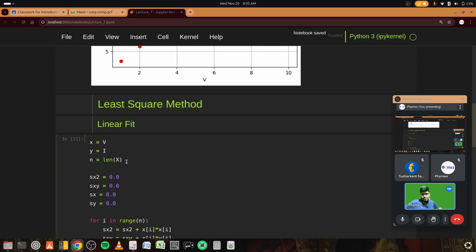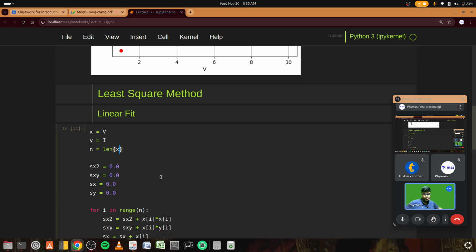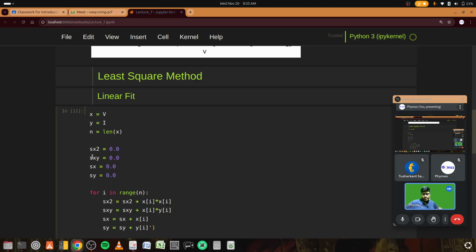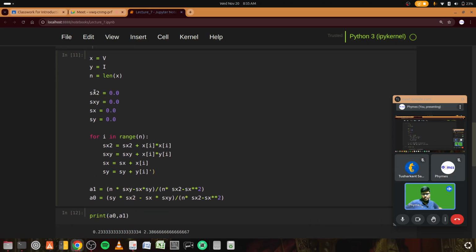N is the length of x, that is, how many data points you have in your array. And what are these now? This sx2, sxy, sx and sy. So this sx2 means this x square summation.